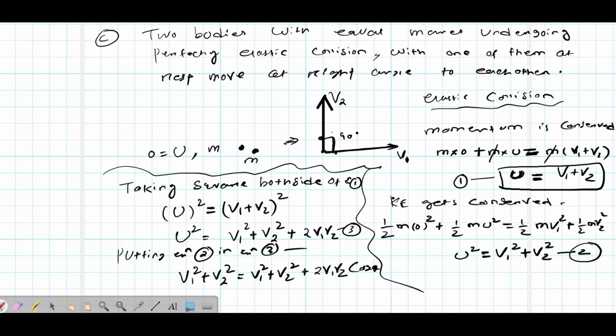The v1 square and v2 square cancel, so cos theta equals 0, theta equals 90 degrees. So both move at right angle to each other.